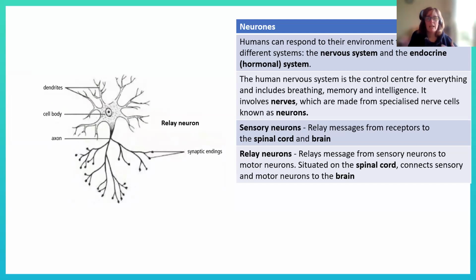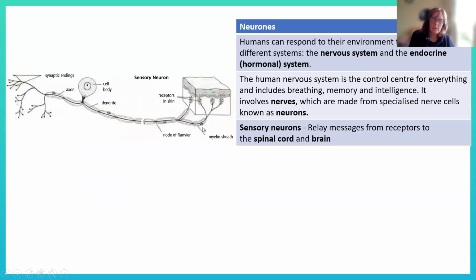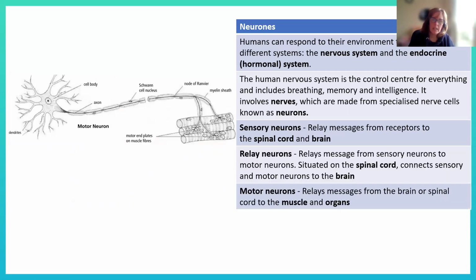It's a relay neuron. It relays the message between the sensory system and the motor or movement system. Now, again, that motor neuron has got to go all the way down the arm to tell your arm to contract your muscle away. So it's going to be quite long. But at this end, rather than the receptors that we saw here, which were in the skin, at the end of the motor neuron, it goes to an effector.